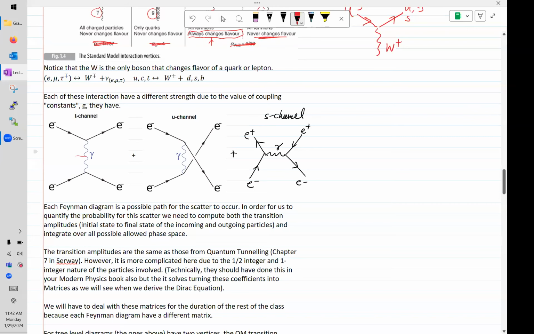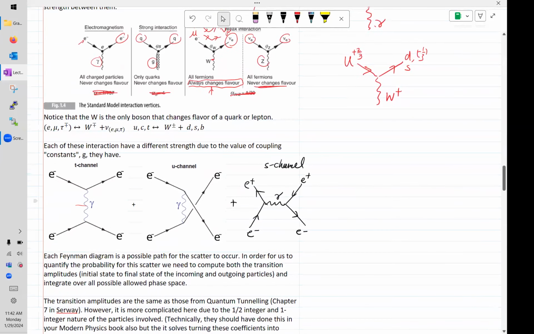All right, so just to finish up with these interactions, okay? When you combine these two things together, you can imagine combining them in different ways. This diagram here is known as the T channel, meaning it's the one we've been looking at a lot, where the boson exchange between them is just kind of a straight line between them, okay?